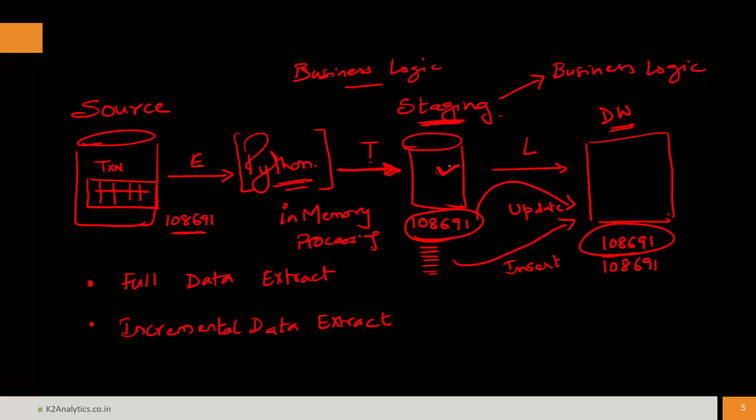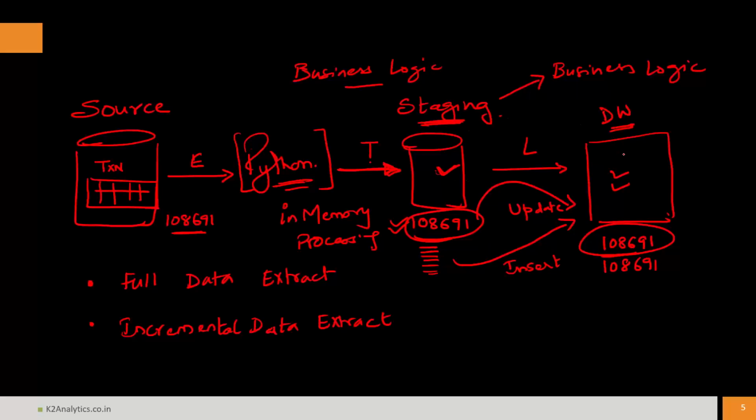Quite often you may have to put the data in a staging area. You may not be able to directly push the data into the warehouse. The reason being, there would be certain identifiers which you may want to update, and certain identifiers which you want to insert. So the staging area becomes very essential.